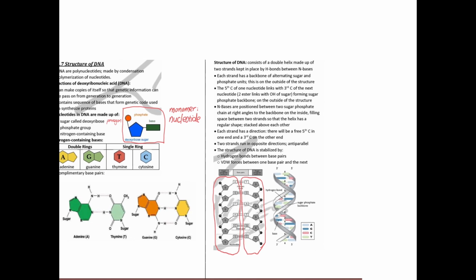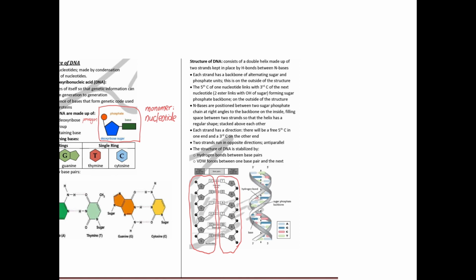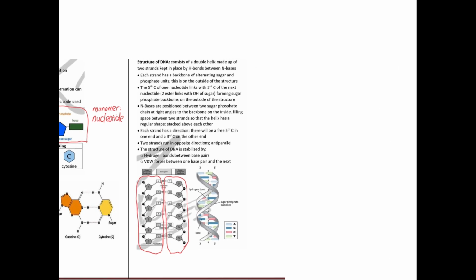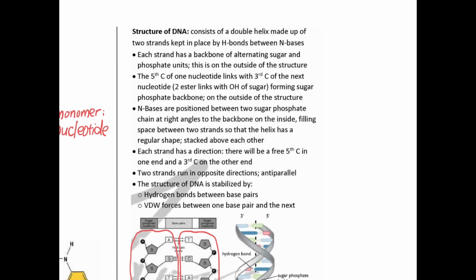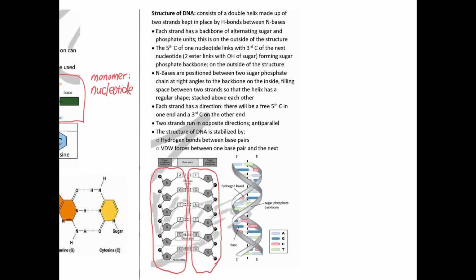Now let's see the next part on the right hand side. Structures of DNA. Just now we already went through the pictures. You see there are 2 polymers here, and we call it a double helix.